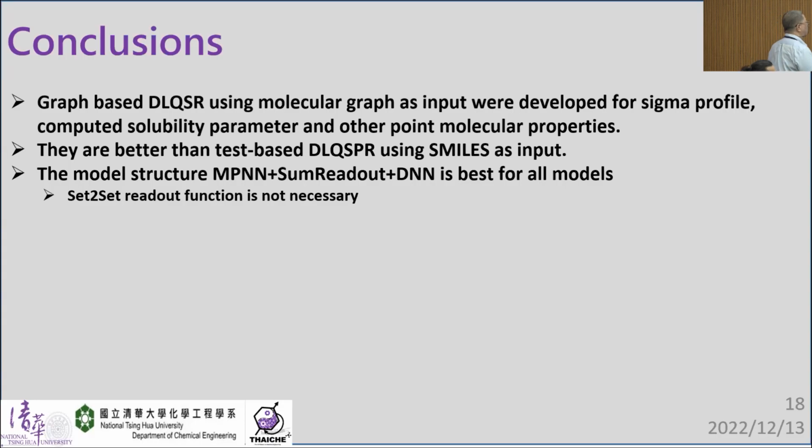They are much better than the text-based QSPR we developed using SMILES as an input. This is natural because we included more information than a simple SMILES representation. But we find that an elaborate readout is not necessary. A simple sum readout is good enough for our purpose.